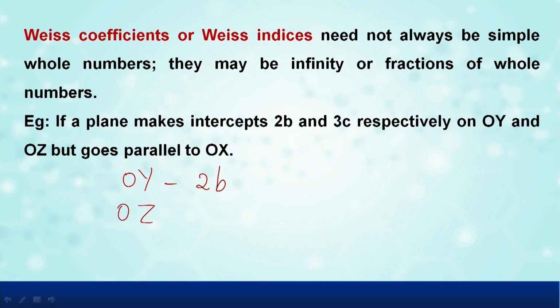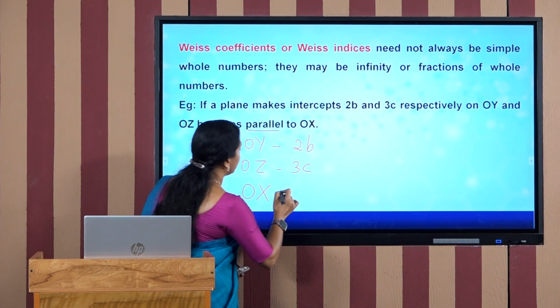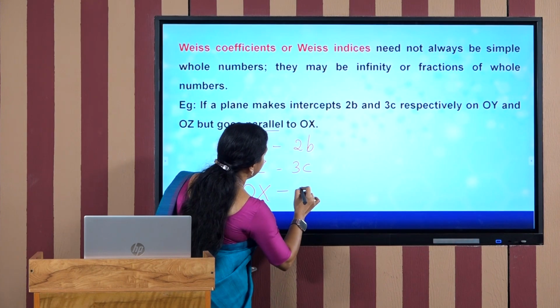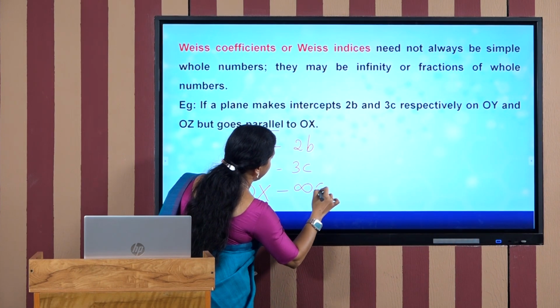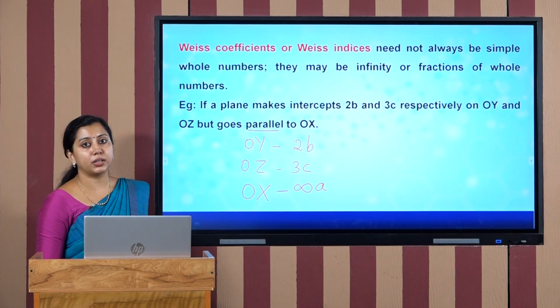On OZ, it makes an intercept of 3C. But it does not cut the OX axis, it goes parallel to OX. Going parallel to OX means it does not cut the x axis at all. So, the intercept will be infinity times A, where A is the unit intercept, and the coefficient will be infinity.